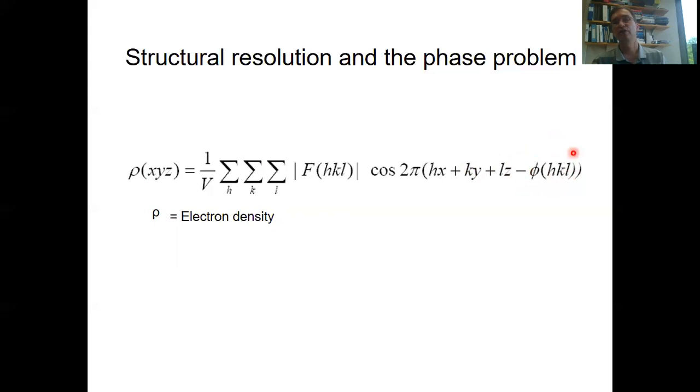Unfortunately, that phase term cannot be experimentally determined, giving rise to the phase problem.